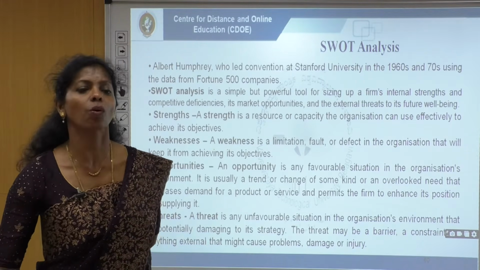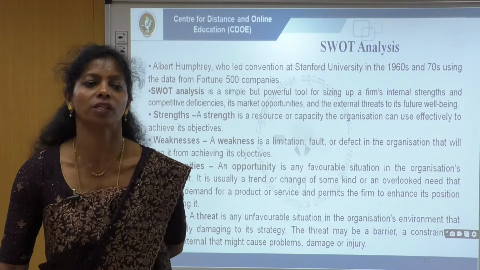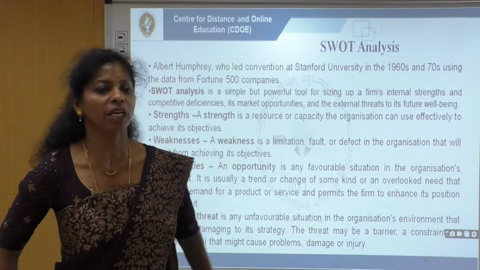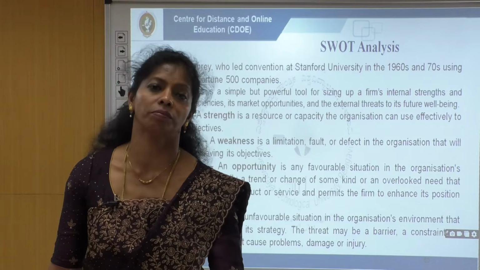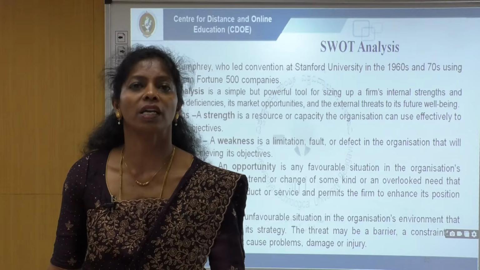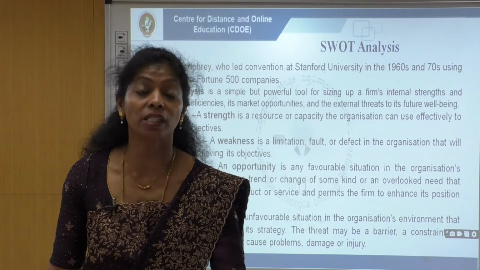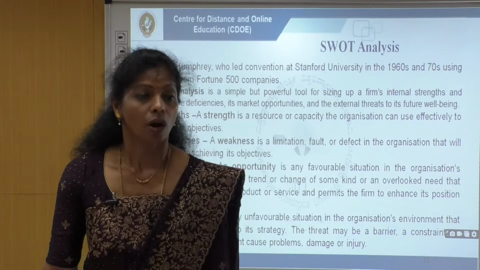A strength is a source or capacity the organization can use effectively to achieve its objectives. A weakness is a limitation, fault, defect, deficiency or lacuna in an organization that will be a hindrance in achieving its objectives.